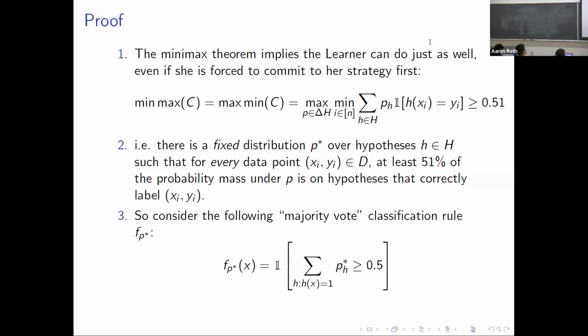Given an example X, I'm going to compute what fraction of the probability mass under this distribution predicts that X has label 1, and what fraction predicts that X has label 0. And I'm going to take the weighted majority vote. We've seen this before in the weighted majority algorithm. So if more than 50% of the probability mass under this distribution predicts label 1, then I will predict label 1. Otherwise, I will predict label 0.